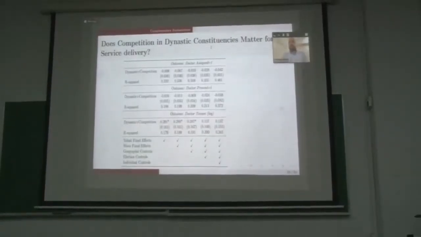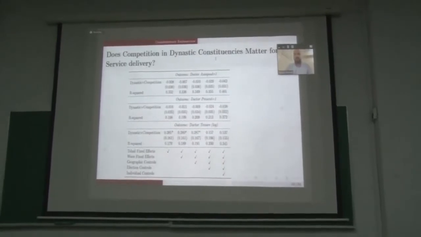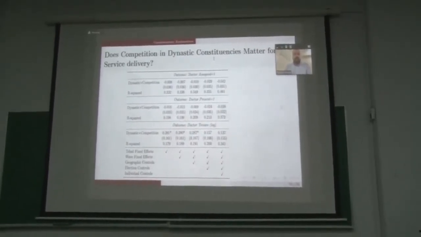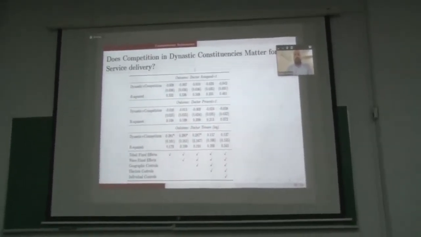But if you look at the doctor tenure regressions, some regressions show a statistically significant effect of dynastic MP on tenure of the doctor, and these are full specification regressions. So it means that dynastic MPs from the ruling party are affecting the log tenure of the doctor.